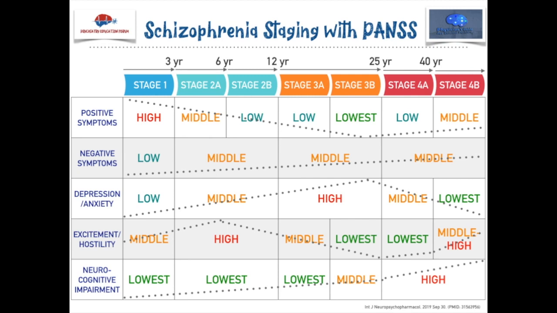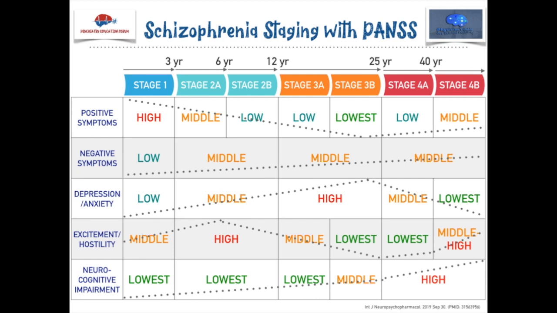We don't know if this is attributed to the antipsychotic treatment versus the underlying schizophrenia progression. But a very important lesson is that with time, don't only rely on positive symptoms. You need to evaluate all the other domains here and then treat accordingly.